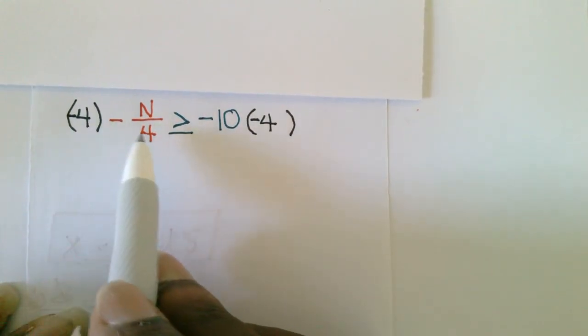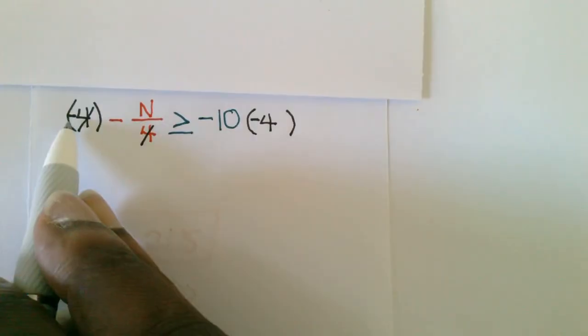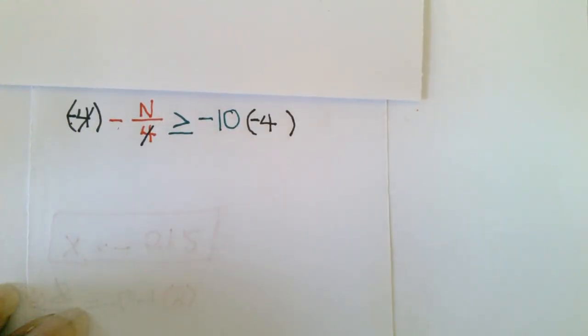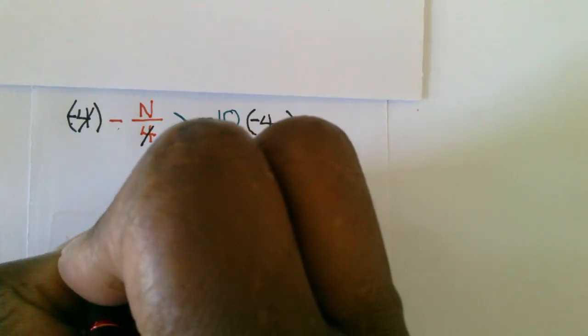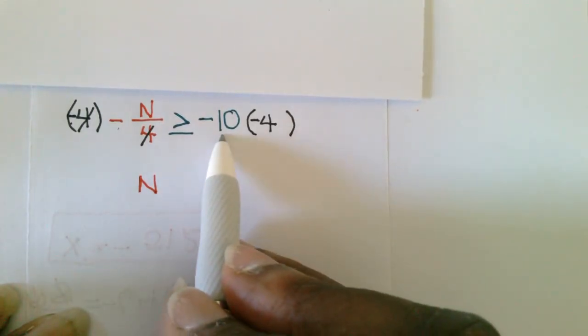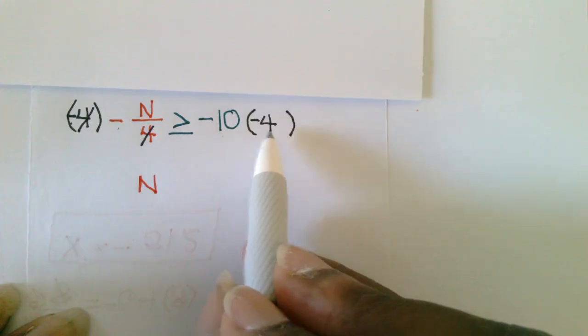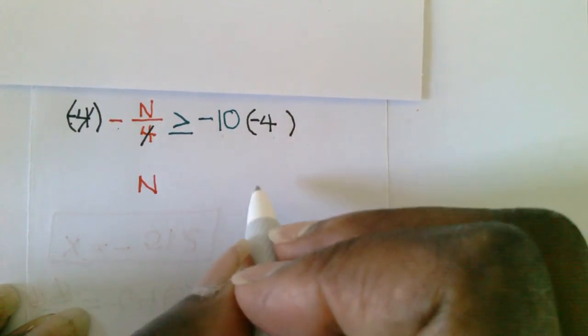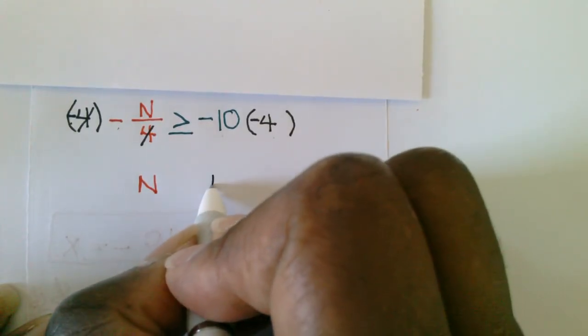So 4 divided by 4, that will give us our 1. And then we have a negative times a negative. That gives us a positive. So now over here, we have a -10 times a -4. A negative times a negative gives me, there you go, Mitzi, a positive 40.